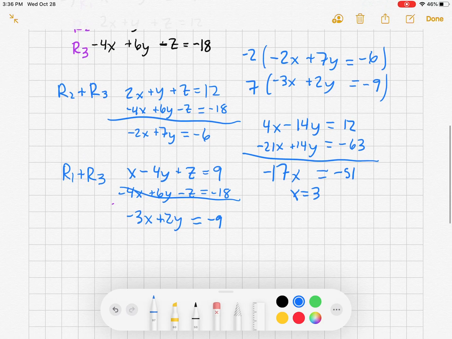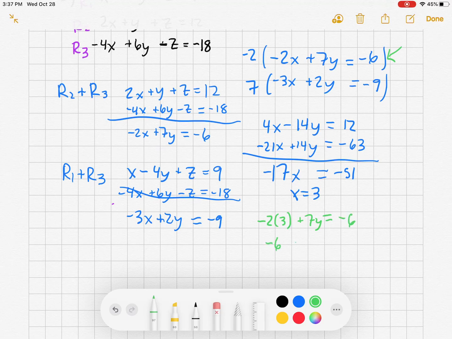Cool. So now let's go ahead and plug that into one of our equations to see if we can find y. I'm going to pick this one, the top one, just because I can. It doesn't really matter so long as we're doing the math right. We should get the same result either way. So we get negative 2 times 3 plus 7y equals negative 6.